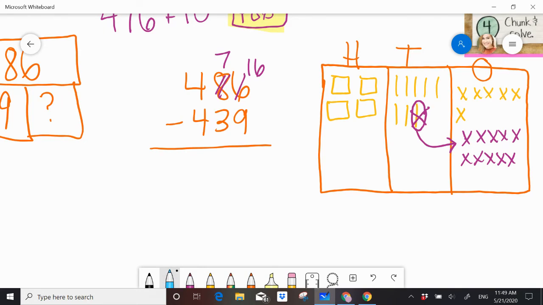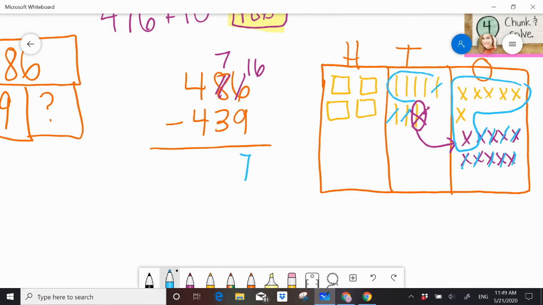Now let's take away 9 ones. 1, 2, 3, 4, 5, 6, 7, 8, 9. How many ones am I left over with? 1, 2, 3, 4, 5, 6, 7. Now let's take away 3 tens. 1, 2, 3.